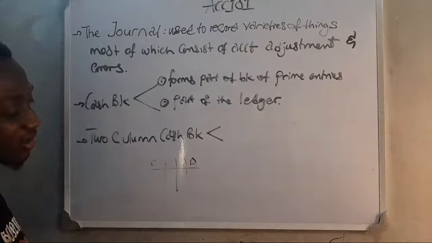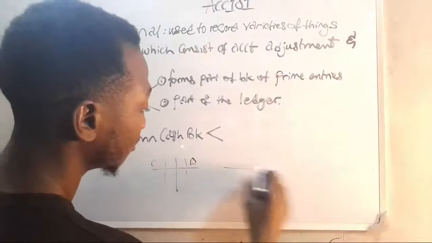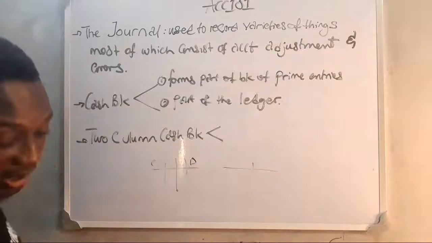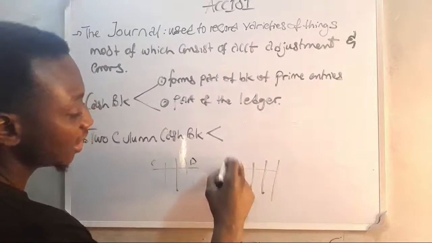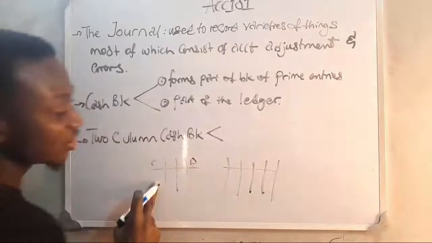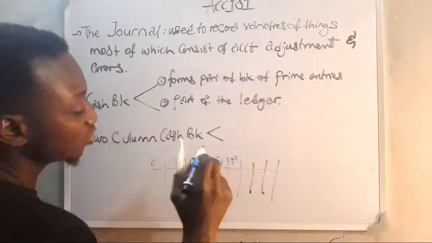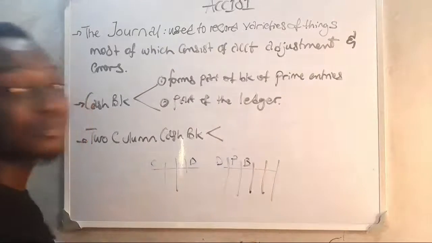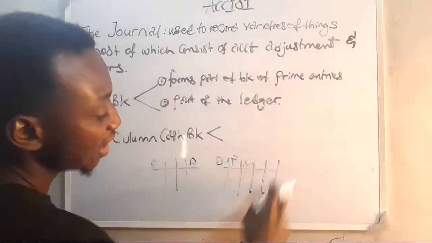Same thing here. But on the 2-column cash book, we have something called bank. Here is just cash. Here we have date, we have particulars, and we have bank. We have cash, we have bank, and the same thing here.